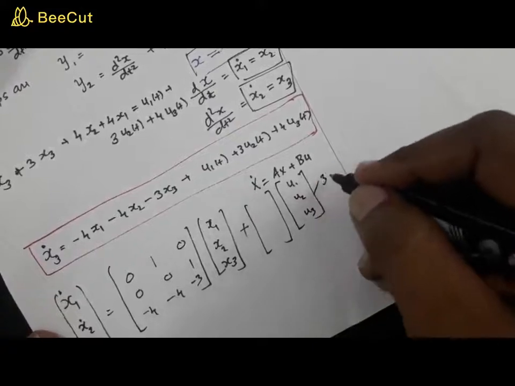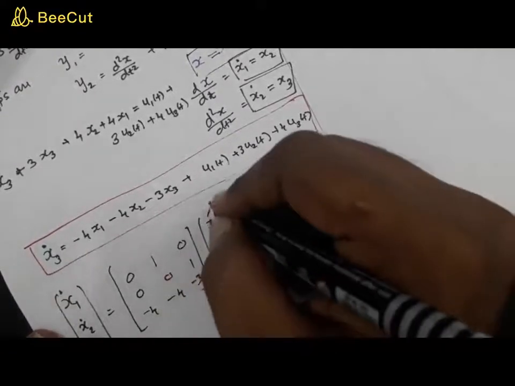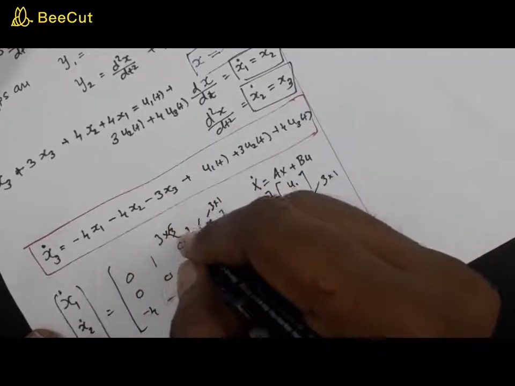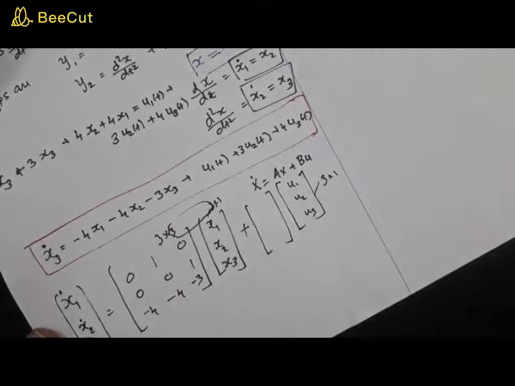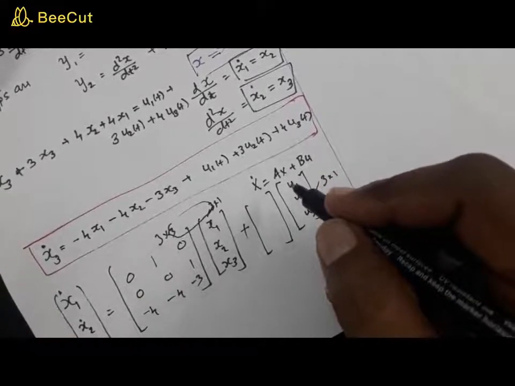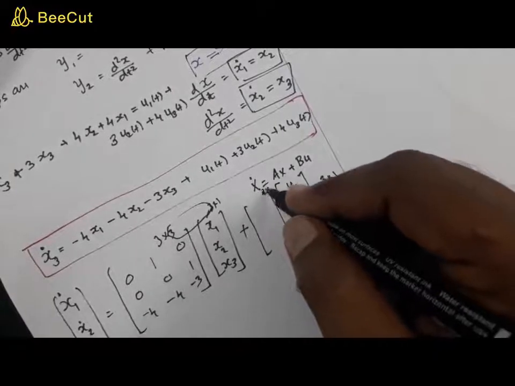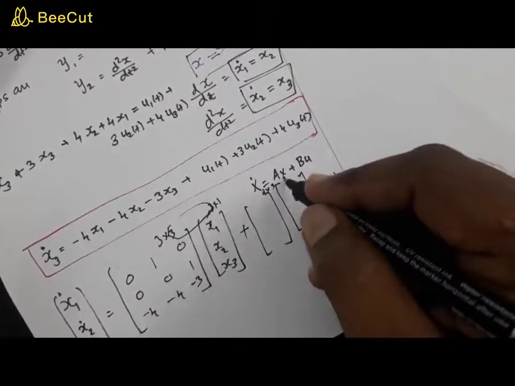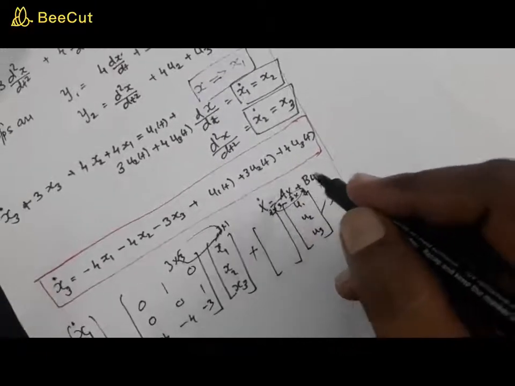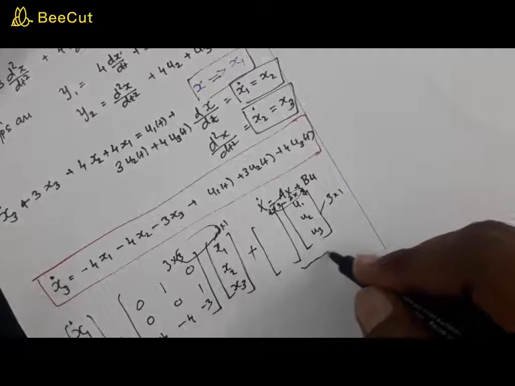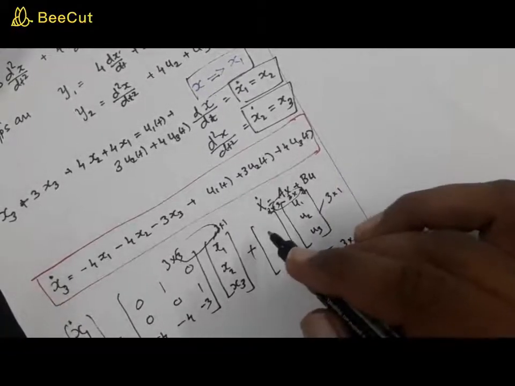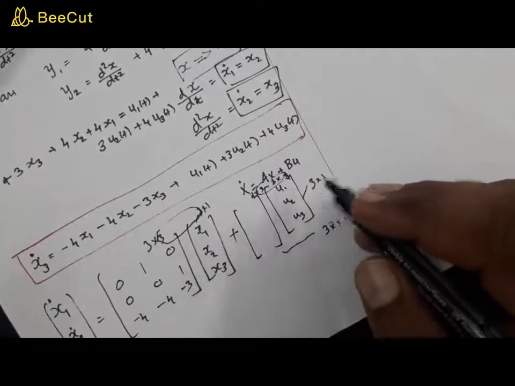This is a 3 into 1 matrix, and the other is a 3 into 3 matrix. So multiplication is possible, resulting in a 3 into 1 matrix. If the product needs to be a 3 into 1 matrix, this matrix has to be a 3 into 3 matrix. So how will you represent that?